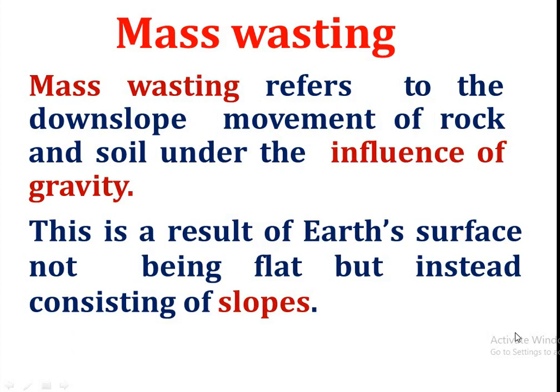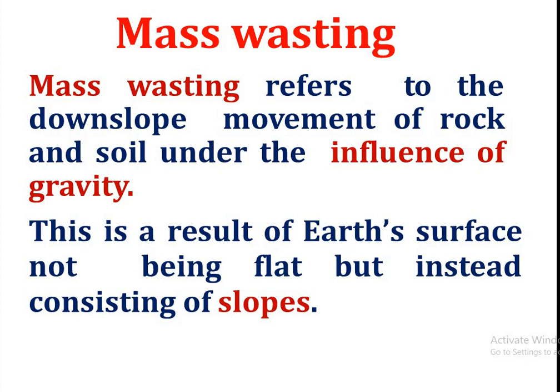Mass wasting refers to the downslope movement of rock and soil under the influence of gravity. एक स्लोप के अलोंग रॉक और सॉइल का ग्रेविटी के प्रभाव से नीचे आने को सामूहिक क्षय बोलते हैं.